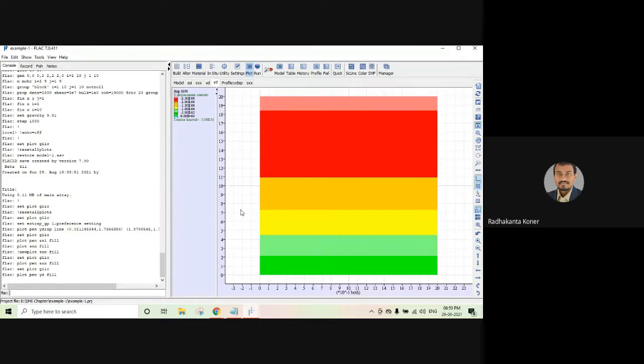That is why, from day one after I learned, I focused on using the command mode. But the GUI version is available, you can use it, there is no problem. Is my answer sufficient? Yes, sir, got it. Okay.